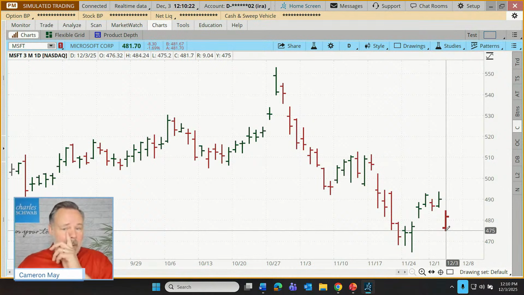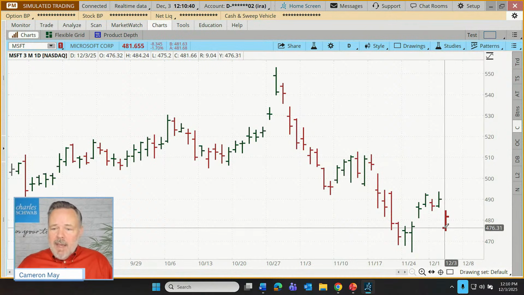Now, in addition to that, we have these other two lines, one that's sort of entering from the left, and the other one is exiting to the right. Those horizontal lines are showing us the opening price and the closing price, or in the case of the last candle, if the markets are open, it's actually just the current price. If I look at this line to the left, I can visually see that's right about 476 and change.